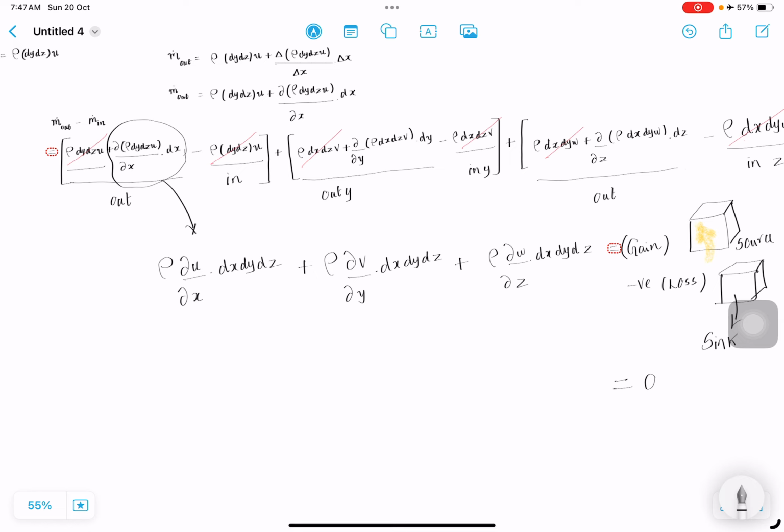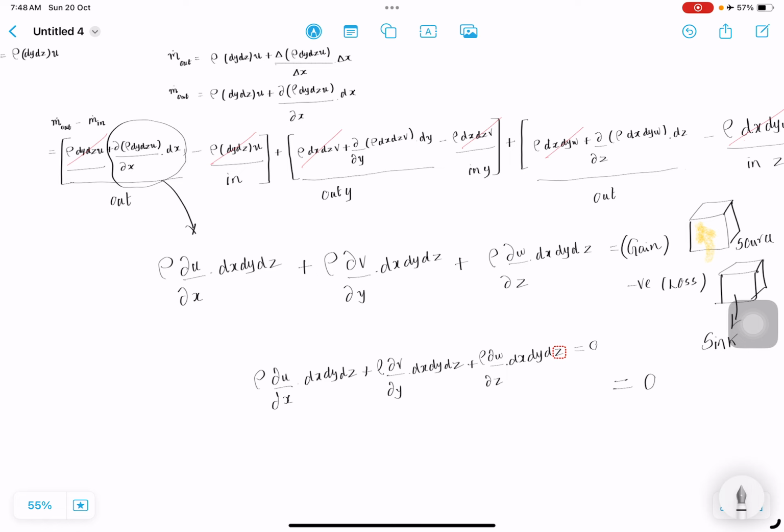This particular equation will still be rho into dou u by dou x into dx dy dz plus rho into dou v by dou y into dx dy dz plus rho into dou w by dou z into dx dy dz equal to 0, because there is neither source nor sink, and it is incompressible. I'm sorry, underscore the word incompressible. If I had used the word compressible, my apologies sincerely.